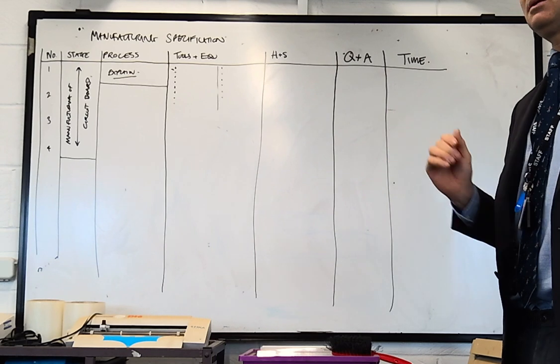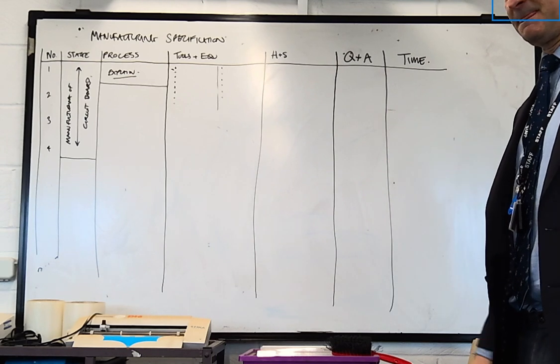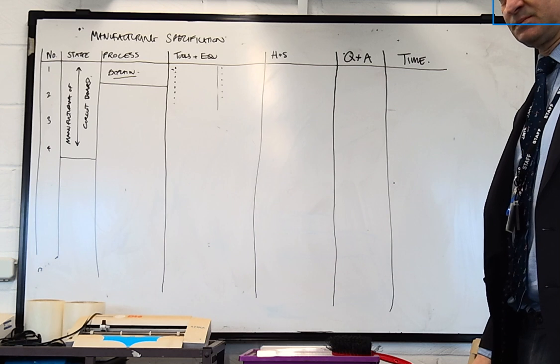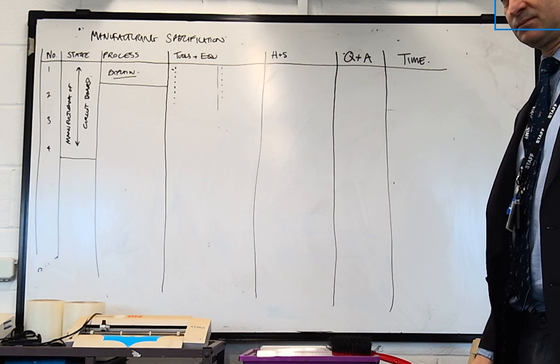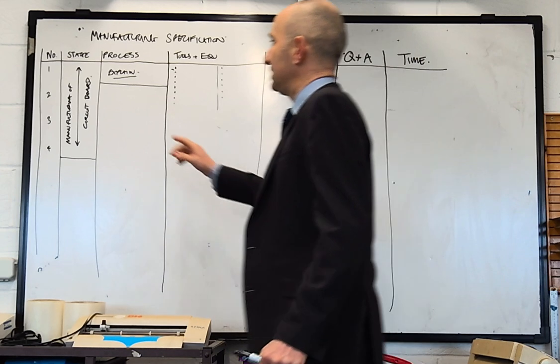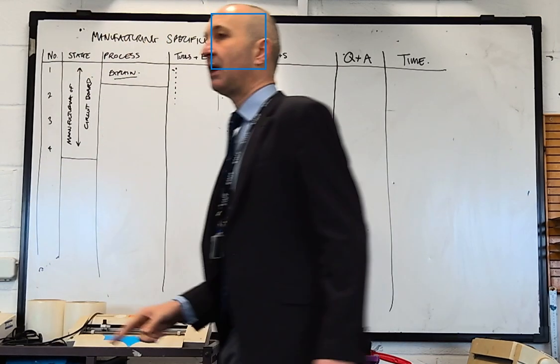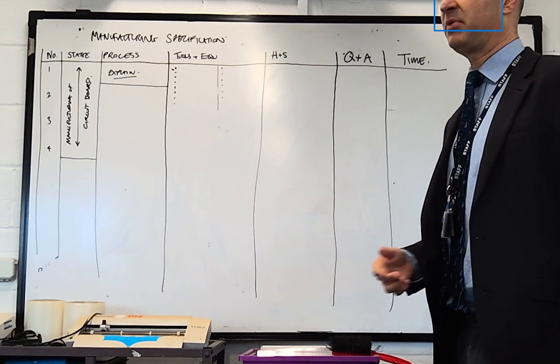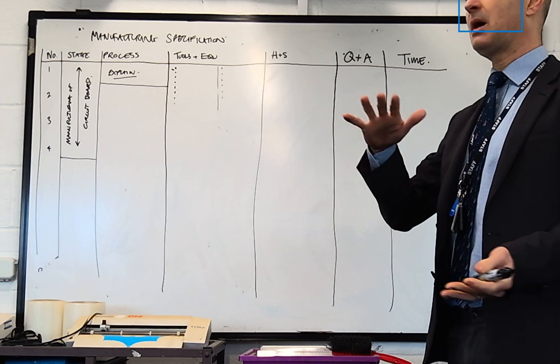Not one. Wait, so I want to ask, is the process for each box one process or is it like one whole thing? Good question. Because there's 30 steps, you've done more than 30 different processes, yeah? So I would start putting them together.